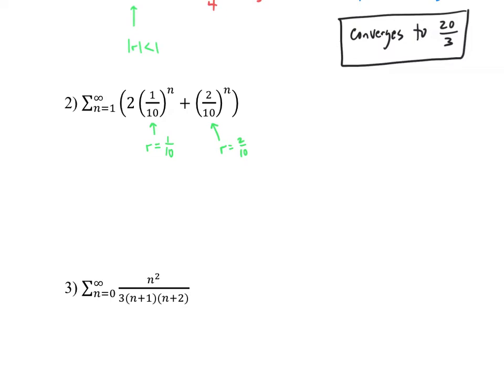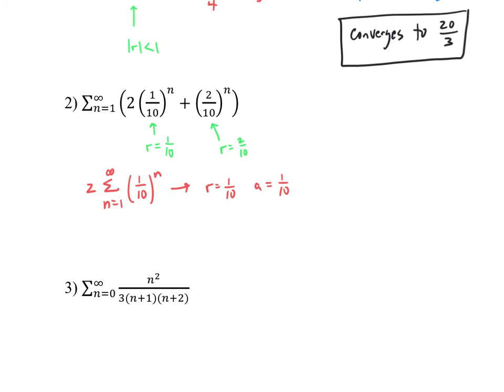So what I'm going to do is split these up, because we can do this using our properties of series. In fact, I'm going to take the 2 and pull it to the front of this first one, so that I have the geometric series with an r value of 1/10 and an a value of 1/10. Now keep in mind, and I just wanted to show you this strategy, this 2 here I'm going to multiply it later on in the end.